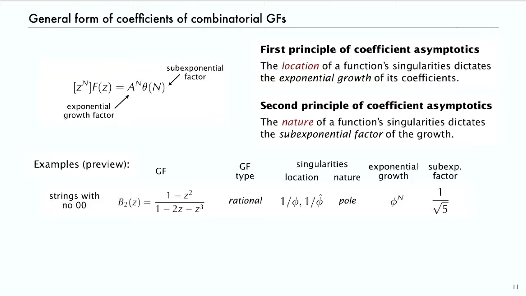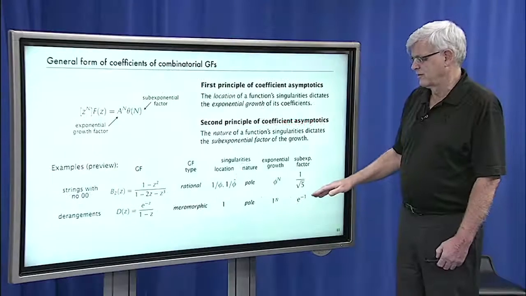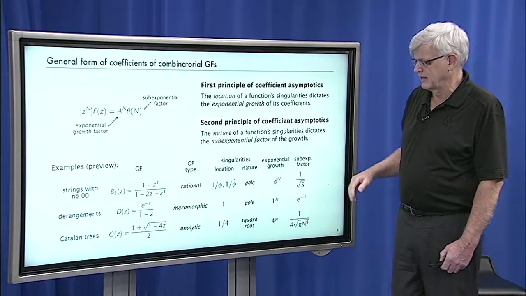So the location of the pole gives the exponential growth, and because it's a pole, it has a constant sub-exponential factor in this case. For derangements, it's also a pole. Its location is at 1, so its exponential growth is 1 to the n, which goes away, and the sub-exponential factor, again, is a constant.